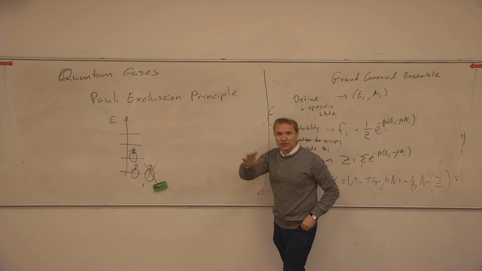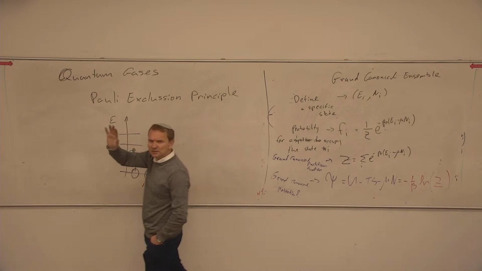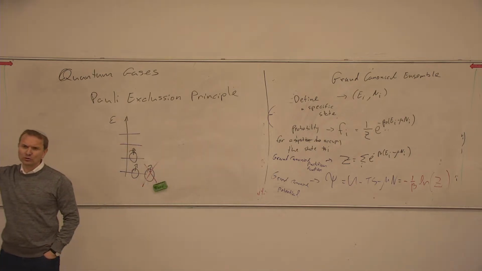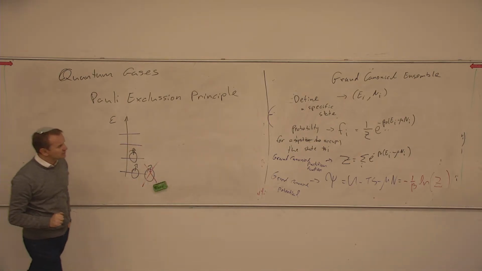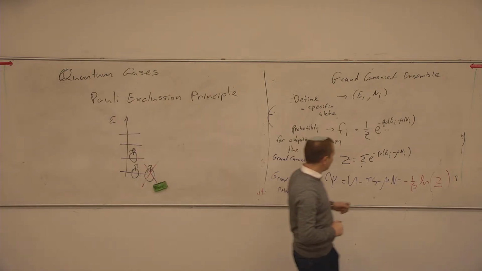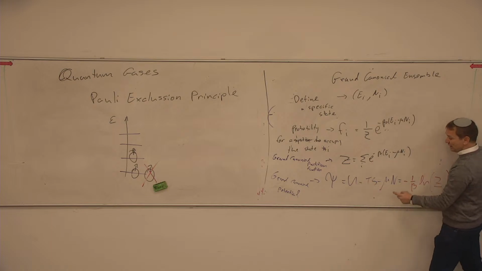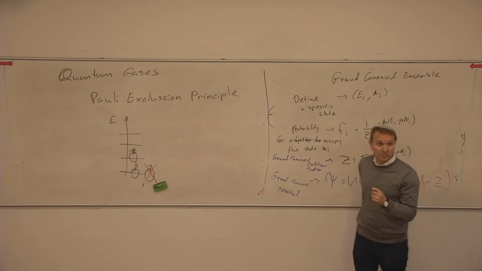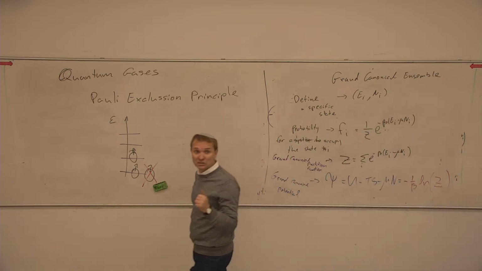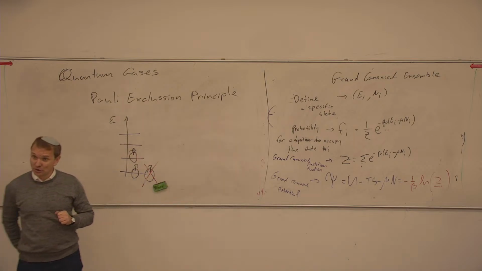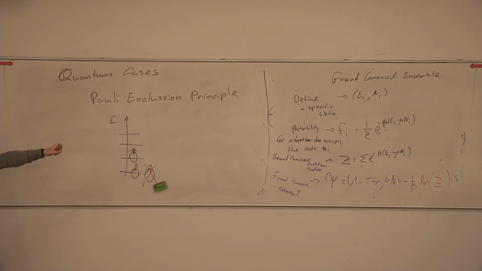But if you free this assumption, you just simply say, well, I don't care about the total number of particles. Instead, I have an average number of particles. Like here, I have average energy, and I have average number of particles. Things are going to be much, much easier, right? So this is what we are going to do right now.